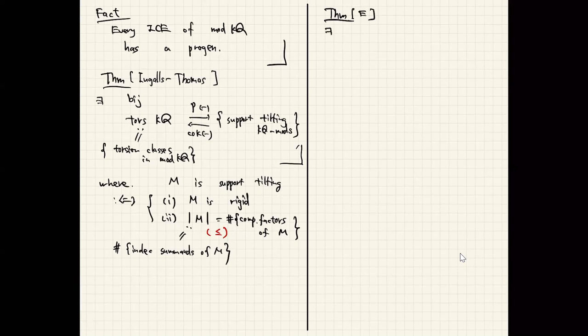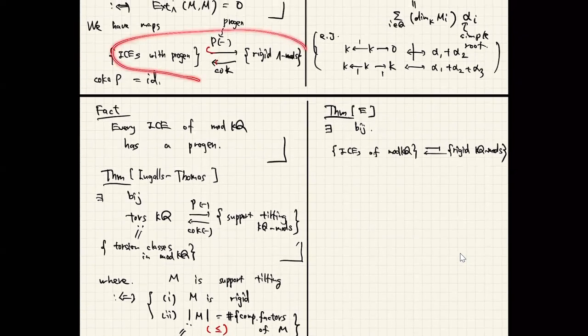This is contained in my solo paper, and there exists a bijection between ice-closed subcategories of mod KQ and rigid KQ modules. So this becomes a bijection for the hereditary case or path algebra case.